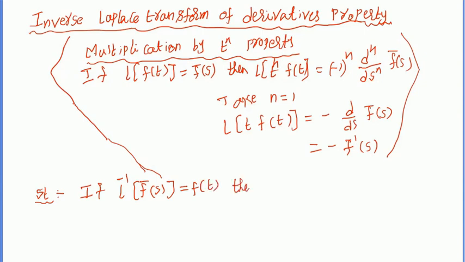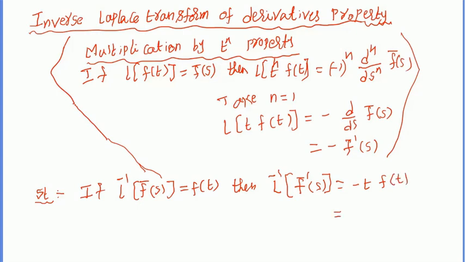Then here, bring L from left to right, or you can operate L inverse on both sides. Then L inverse of f dash of s is equal to minus t into f of t.